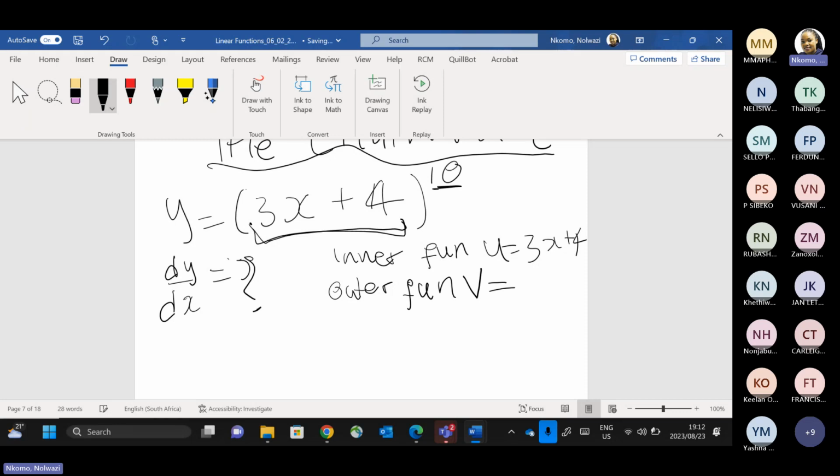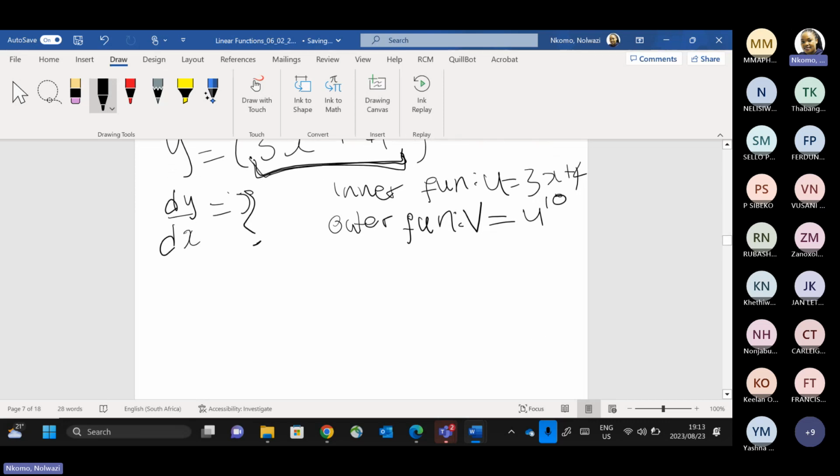But the outer function is u to the power 10, meaning we have v equals u to the power 10. This means we have y equals v of u, and v of u is u to the power 10.